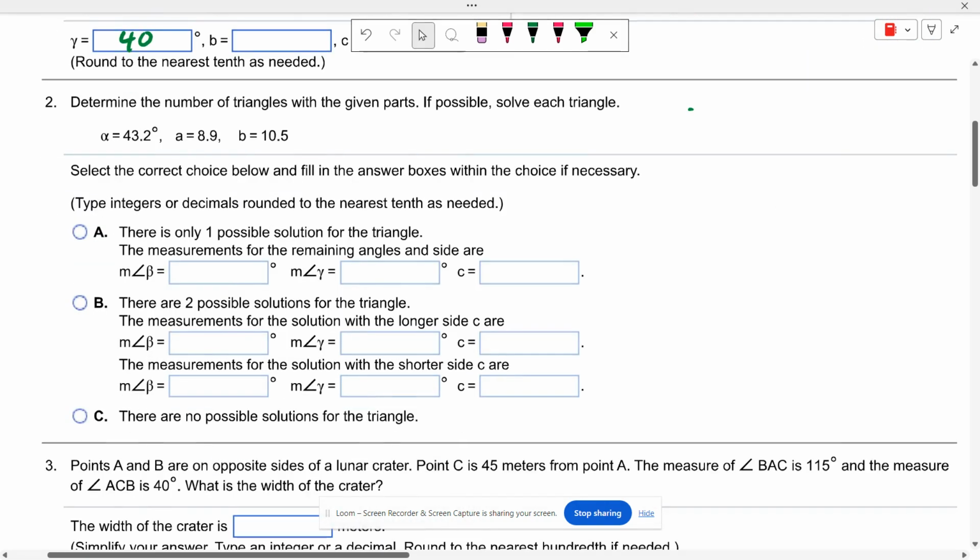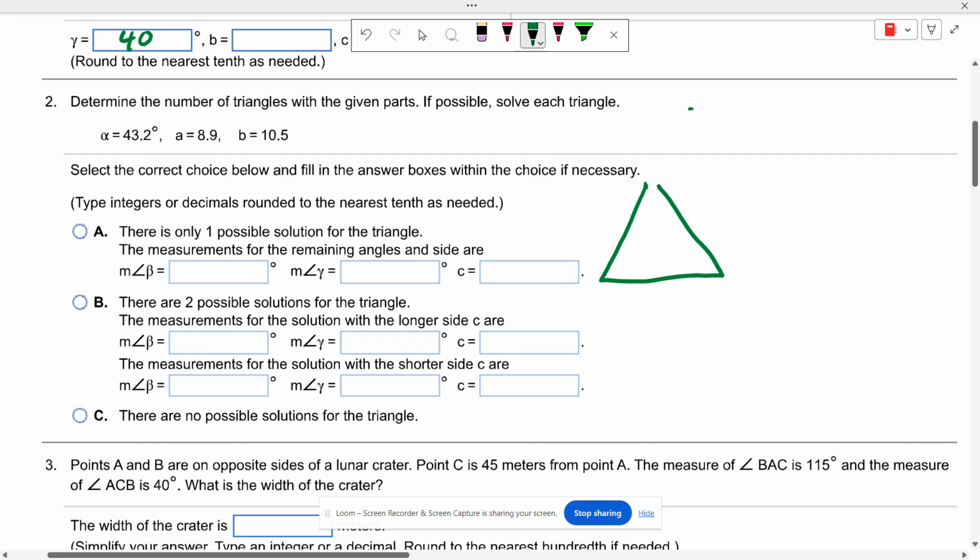Okay, number 2. When you see you have all three things there, you think, oh, this is the ambiguous case. So I have a triangle, and I have another triangle. Now you got to make sure you set them up right. So the angle that you're given, you put in the lower left, 43.2, that's alpha. Its opposite side is 8.9.